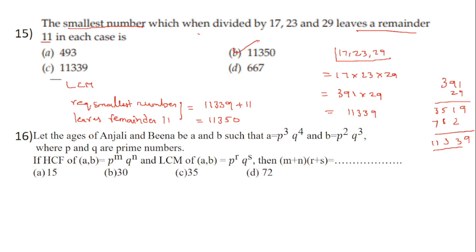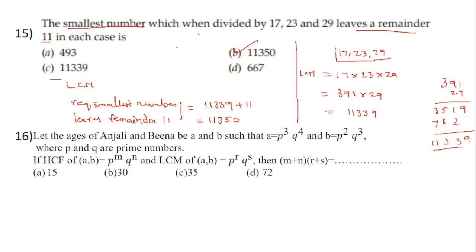So option B is our answer. While coming to the smallest number leaving remainder, we should add that remainder to the LCM. While coming to the HCF, we should subtract it.